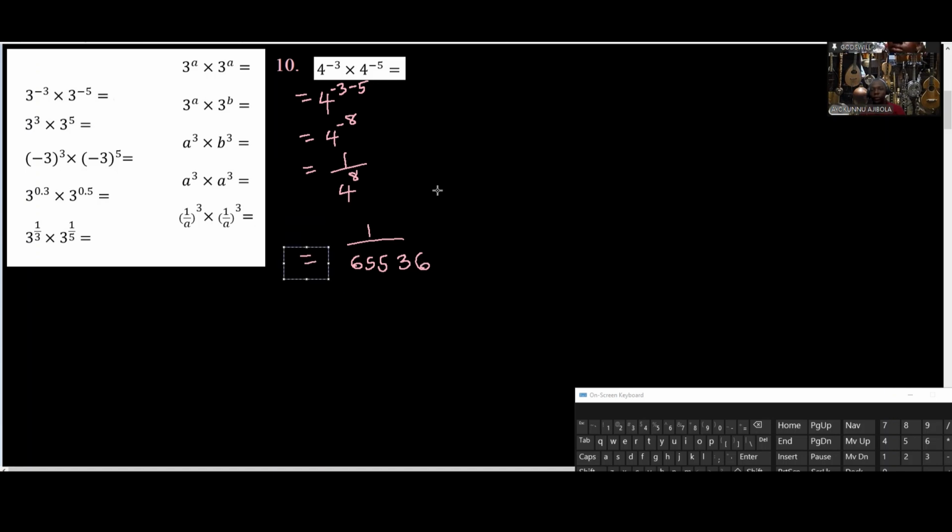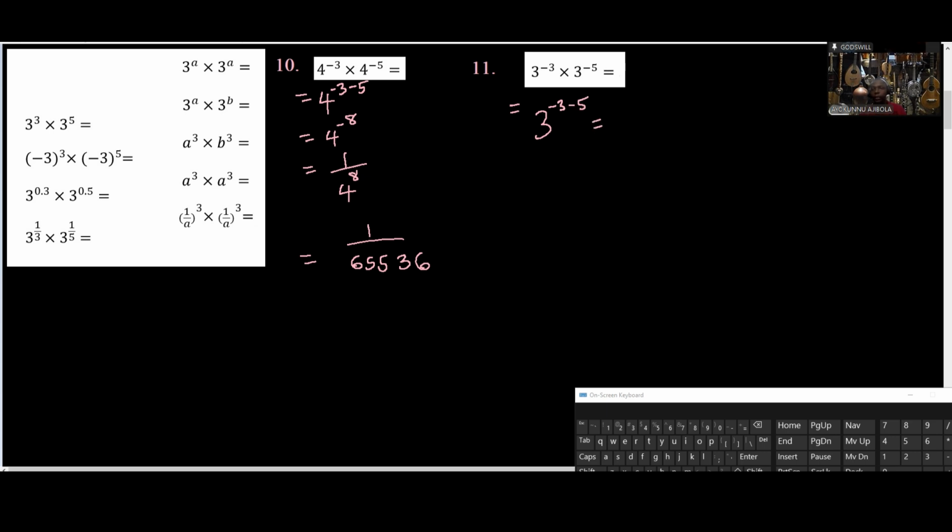Then the next one, number 11. So we have this, which is the same thing with what we just finished solving, the same power, different figures. So this is 3 raised to power minus 3 plus minus 5.